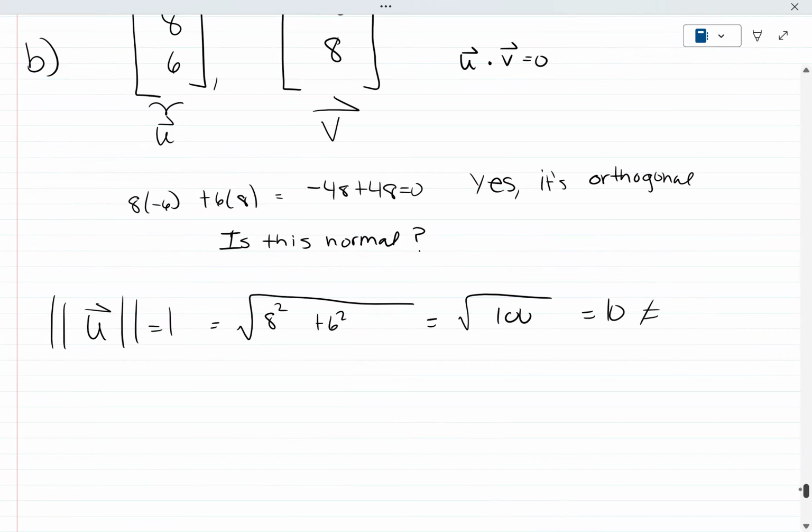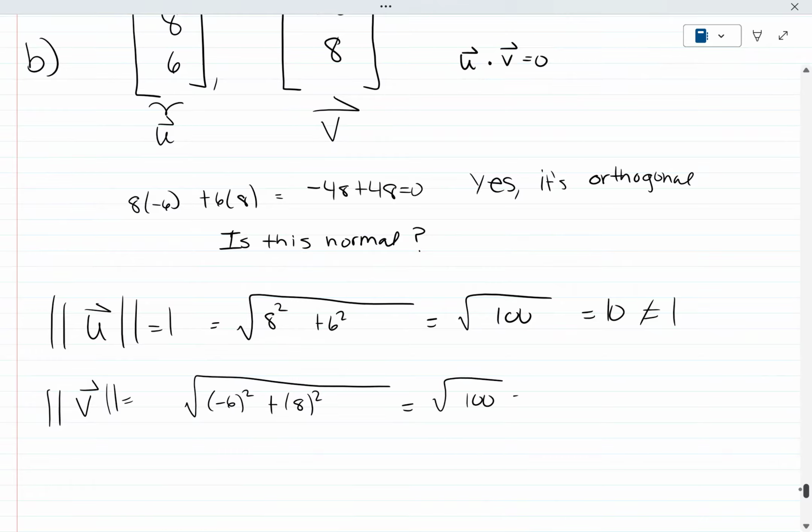It does not equal 1, right? 10 does not equal 1. What about vector v? The magnitude of vector v is the square root of -6 squared plus 8 squared. That gives me the square root of 100, which is also 10, which is not equal to 1.